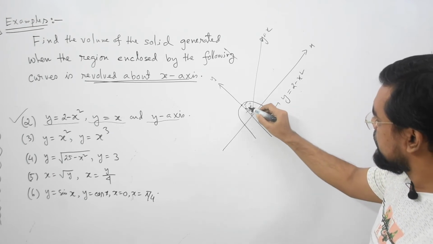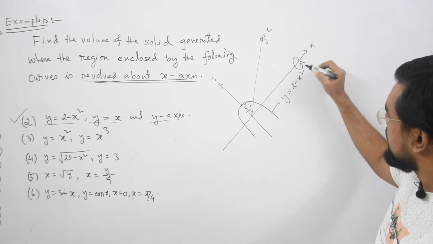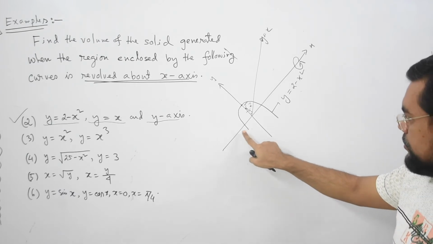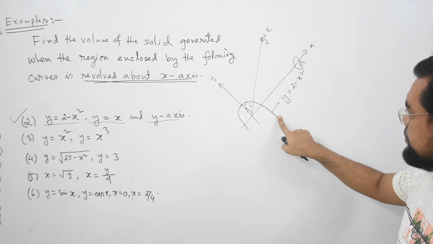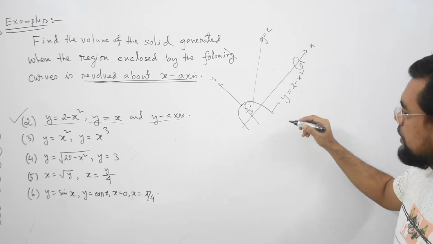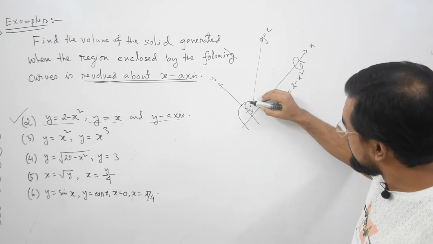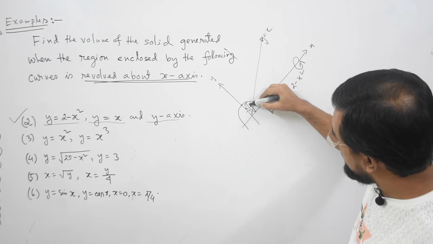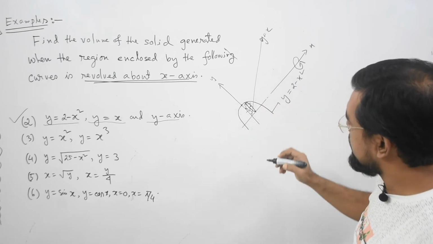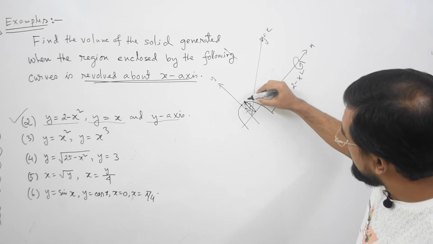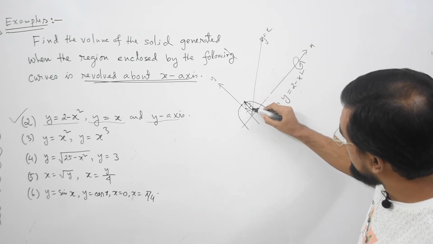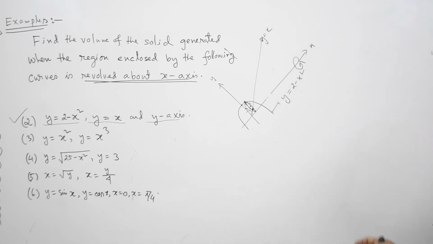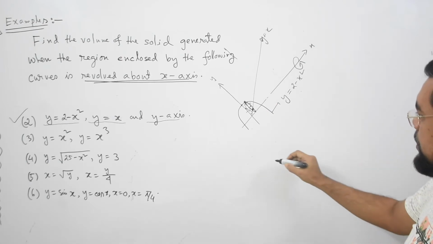Now if you revolve this region about the x axis, then what will be the volume of that solid? So in that case you need to take a cross section which is perpendicular to the x axis. So at this point what is f(x), and at this point what is g(x)? You need to subtract the lower one from the upper one.